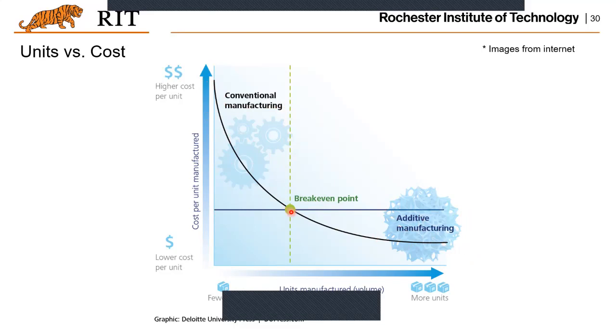Anything below this break point, you want to use additive manufacturing because in most cases it has a much lower cost. But if you're talking about something beyond this break point, and you really want to go with the conventional ones, that will have a lower per unit cost if the production volume is that high.